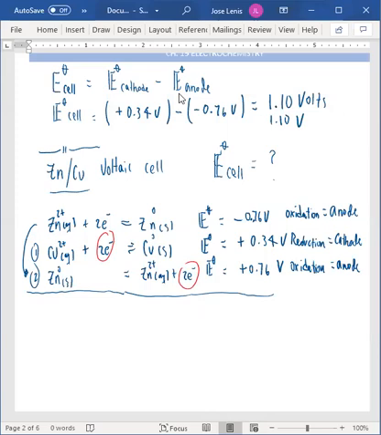Every time you build any voltaic cell, you work the equations this way. You want to make sure the number of electrons gained is exactly the same as the number of electrons lost. In this case, we say that n for this reaction is 2, because 2 electrons are involved in these individual steps.